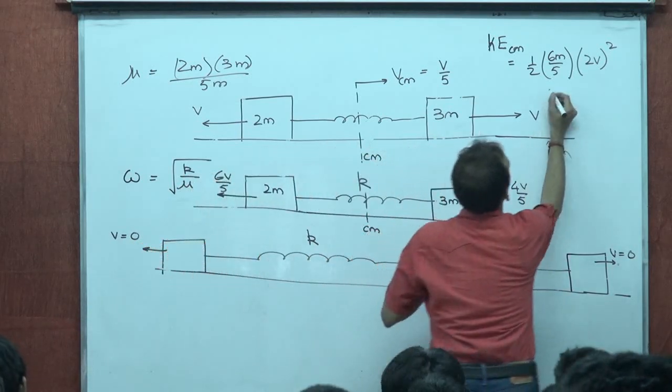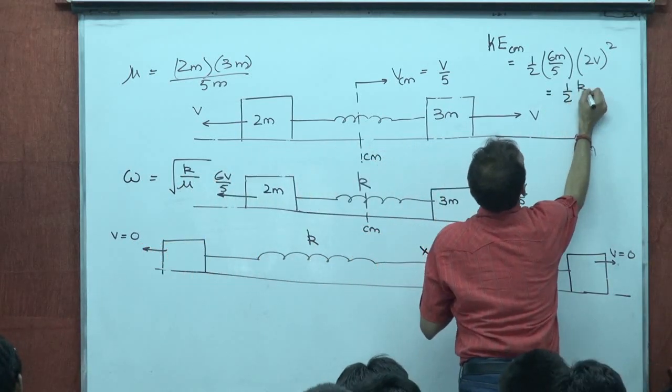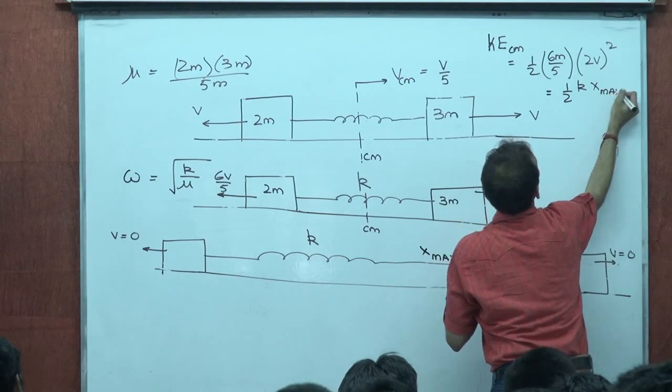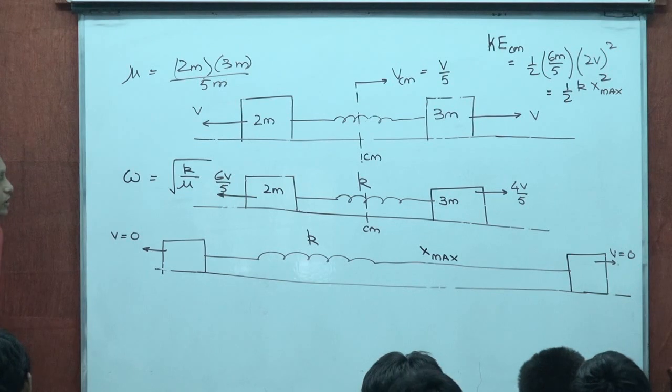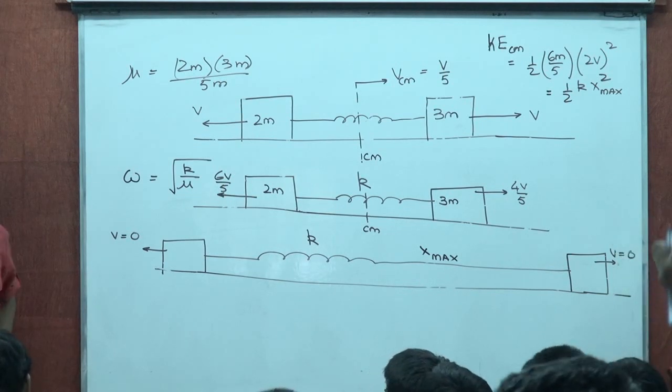So this is half k x max squared. Yes or no? Right?